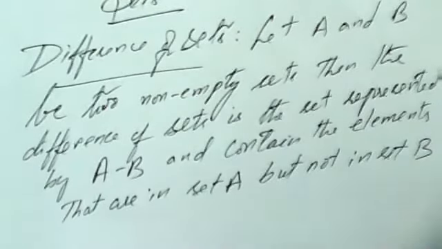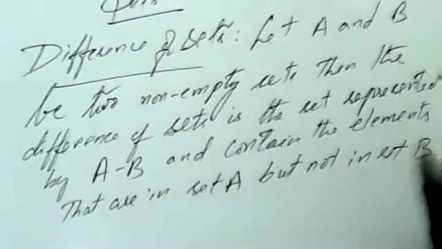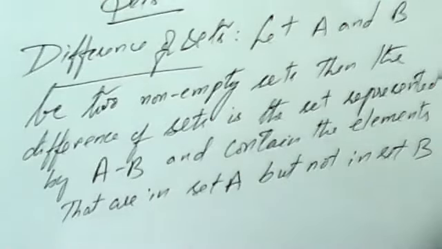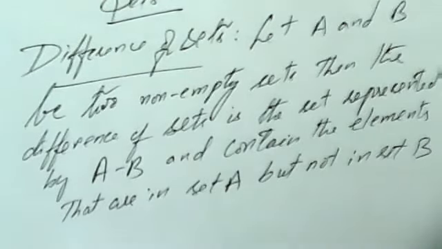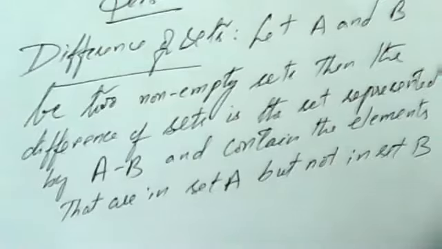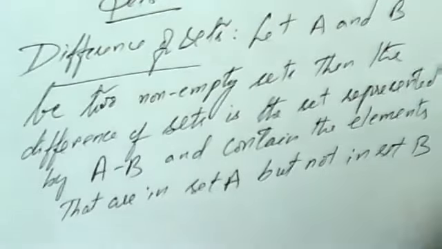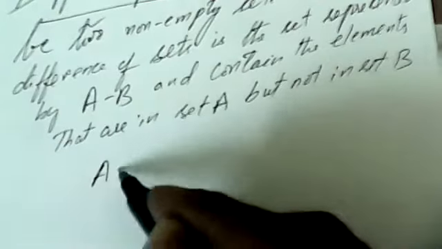अगर B का कुछ एलिमेंट है A में वो भी निकाल देते हैं, सिर्फ A में जो है वही रहता है, और अगर A में का B में है तो वो निकाल देते हैं. Okay, that contains only elements of set A that are not in set B. That is, x belongs to A and x does not belong to B. So how do we represent this in set builder form notation?